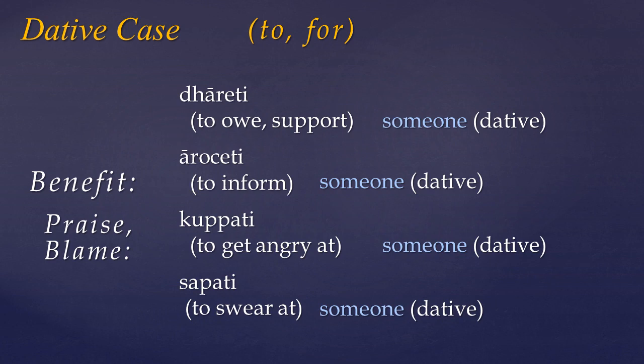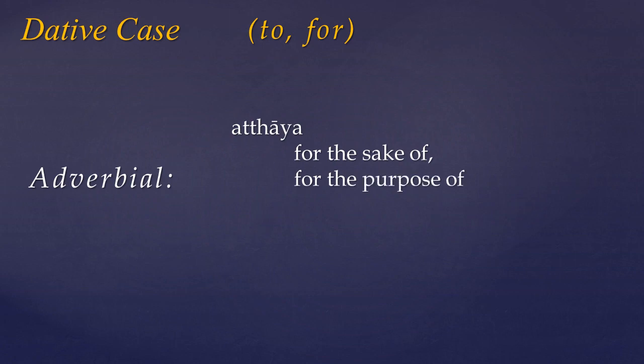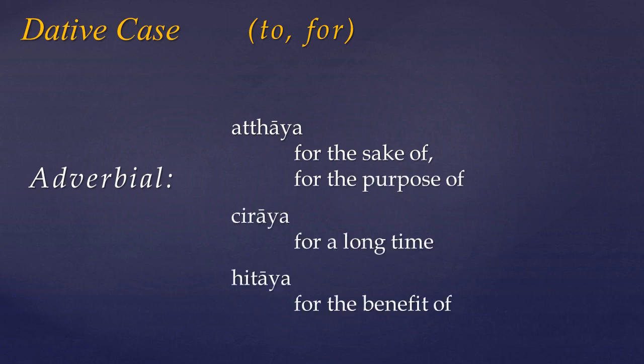Usually the person benefiting from something is placed in the dative case. Warder lists several other varieties of use, but I'm not going to go into them here. One final point on the dative case is that there are a few dative nouns used adverbially. Well, that completes our look at the dative case.